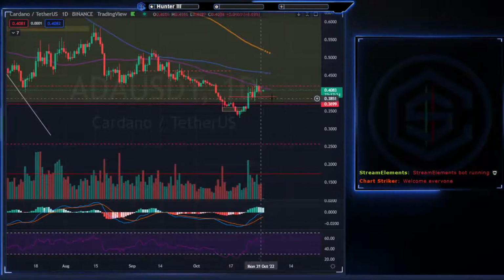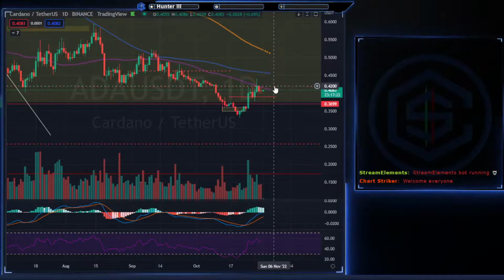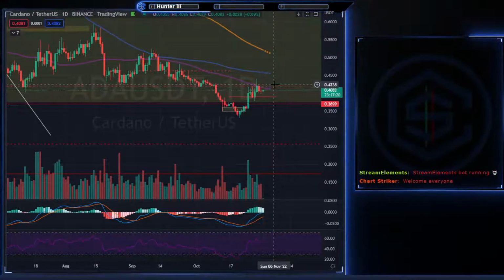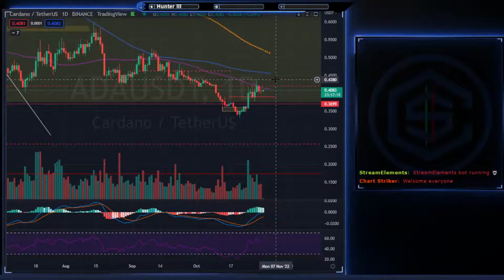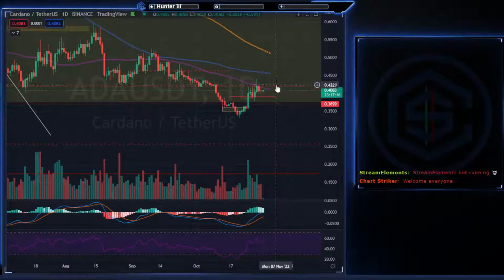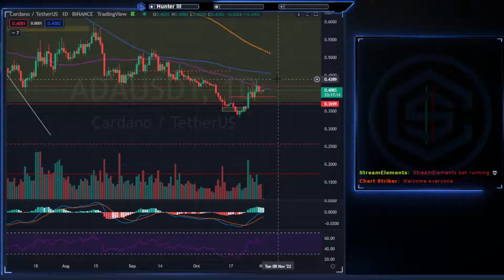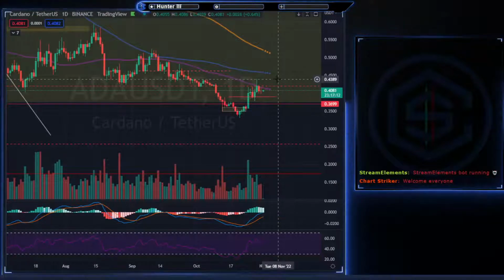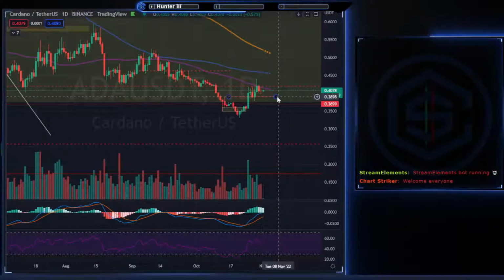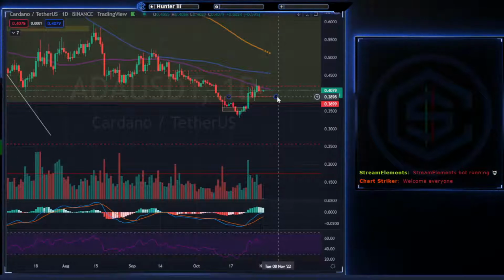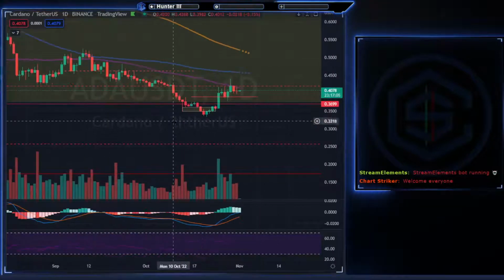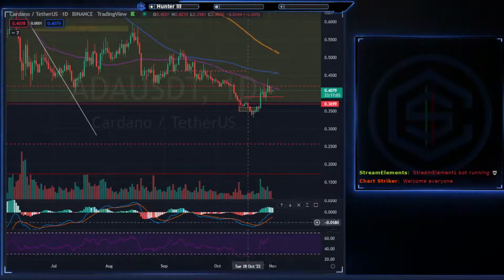Cardano, still same. Nothing has changed. We're not above 0.44, and we are not below 0.38 yet. We're just hanging around, not much is going on. We are losing positive momentum on the MACD.